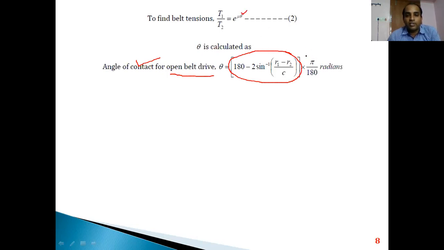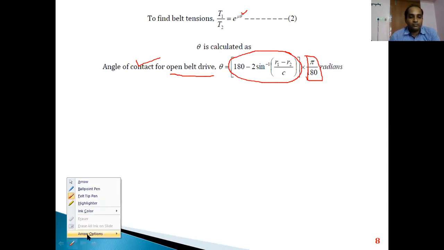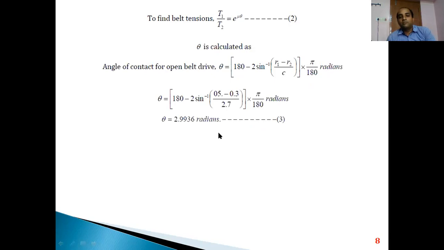So here we multiply by pi by 180 and get the value in the form of radians. Now let us get the value and simplify. Once we simplify, we get the value as 2.9936 radians.